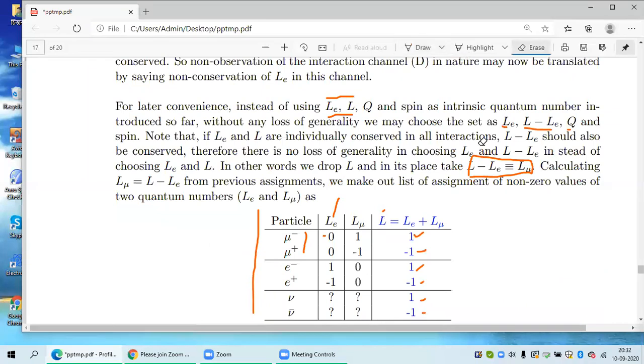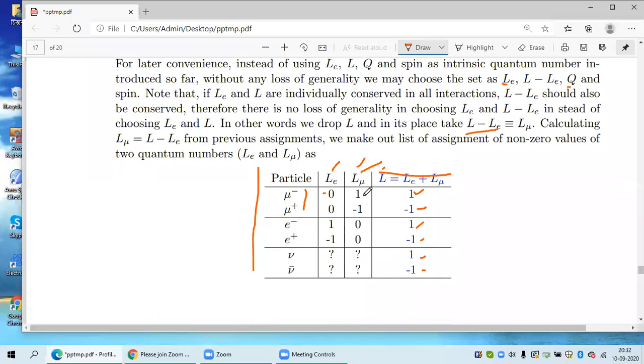So Le and L mu. We replace L by L minus Le, so this is no longer an independent quantum number. We choose Le to be independent. For the time being, L mu can be calculated because we have already calculated L. So once you assign Le, calculate L mu using L minus Le.